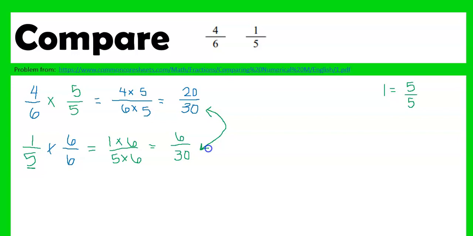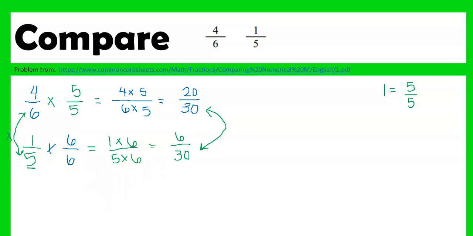See how I multiplied 6 times 5 to get 30 and 5 times 6 to get 30? To determine that, I just basically multiply my denominators, the bottom numbers, by each other.